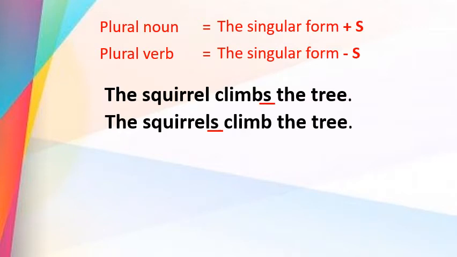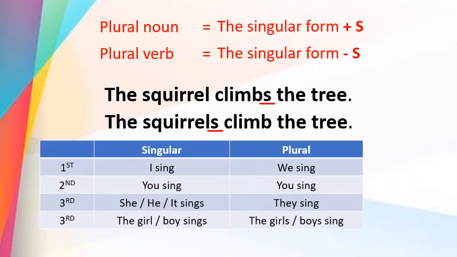Most of the time, verbs remain the same, but it changes when the noun or pronoun is third person singular. Let's look at the table below when the verb changes using the verb sing. I sing, we sing, you sing, you sing. She, he, it sings, they sing.